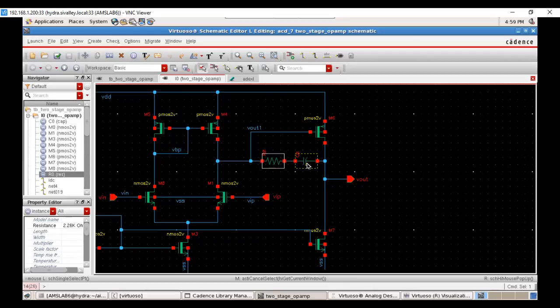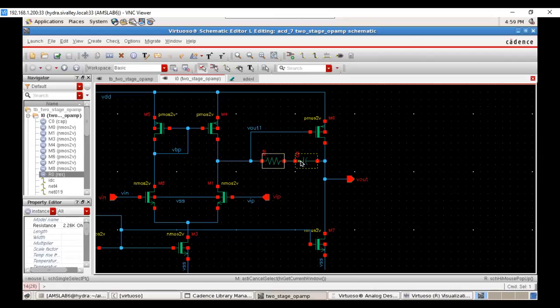How? By introducing a resistor in series with it. These two combined will create a pole at exactly the same frequency as the zero frequency. Though the capacitor is shorting, this resistance helps cancel that shorting effect.